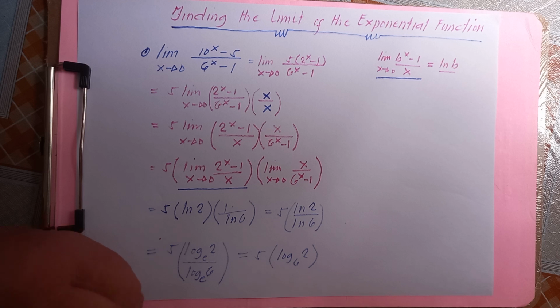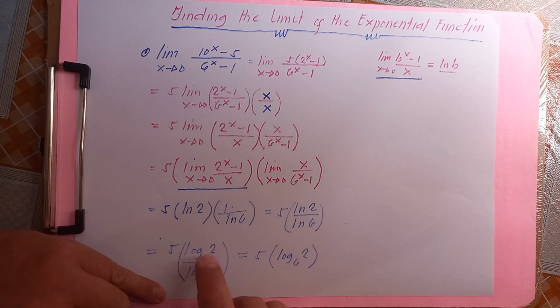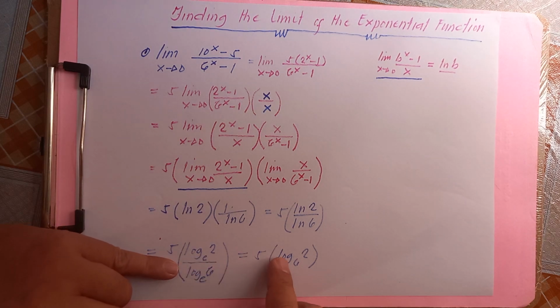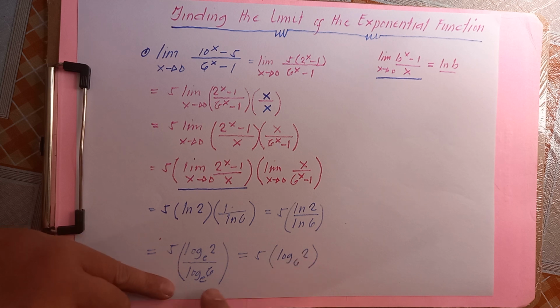So that is the application of the change of base formula, wherein if they have the same base, we can convert this quotient into log of 2 with the base 6. So that is the converted form.